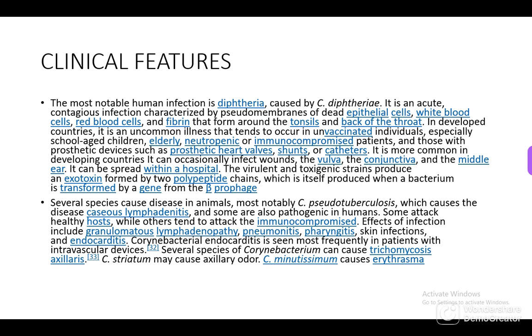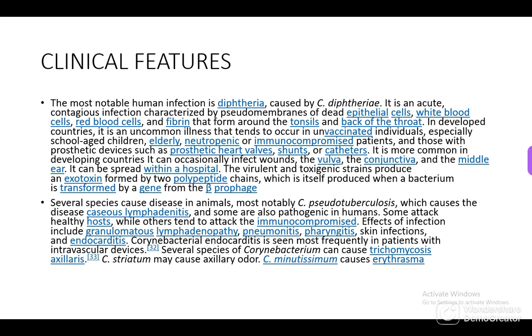If the wound is infected by Corynebacterium diphtheriae, then the infection is very important. It can infect the vulva, the conjunctiva, and the middle ear, because ENT and eye can be involved. It can spread from within the hospital; it comes under nosocomial infection.